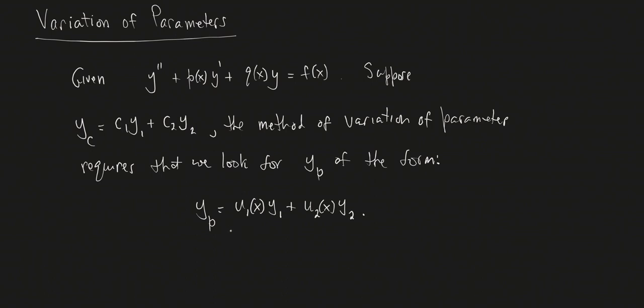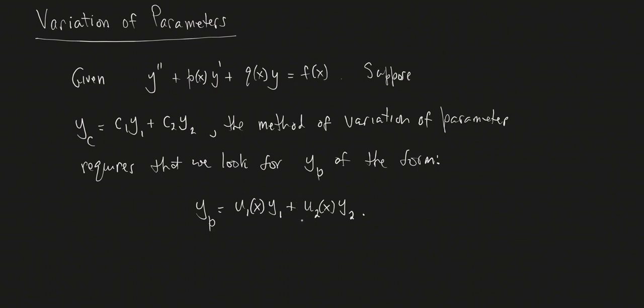So obviously the big question is, what is u1? What is u2? Well, it turns out that's where it gets messy, right? So I'm going to essentially describe what requirements u1 and u2 would have to satisfy.